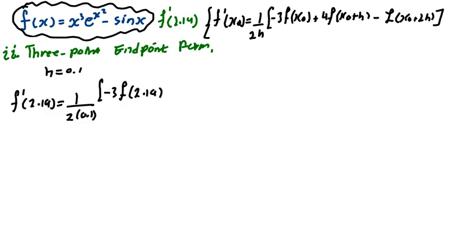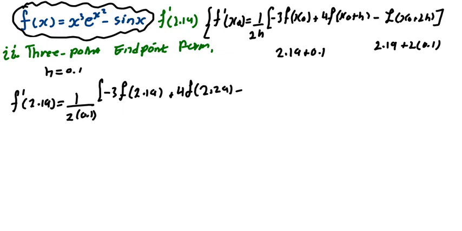Okay, then plus 4 f of x naught plus h, that is 2.19 plus 0.1, we're going to end up with 2.29, just like in the previous one, minus this part as well. If you do your math, that's 2.19 plus 2 multiplied by 0.1.